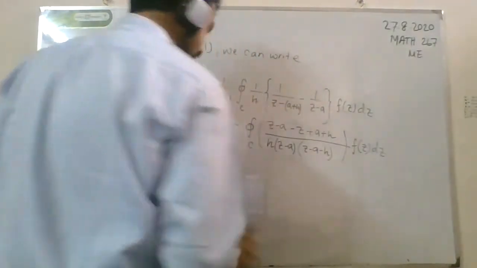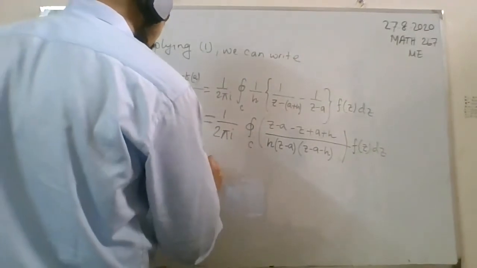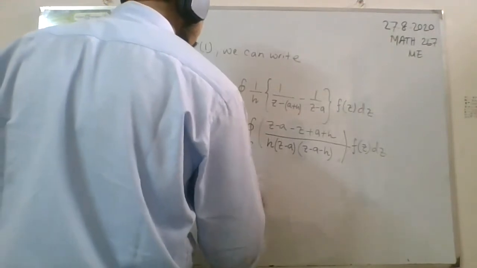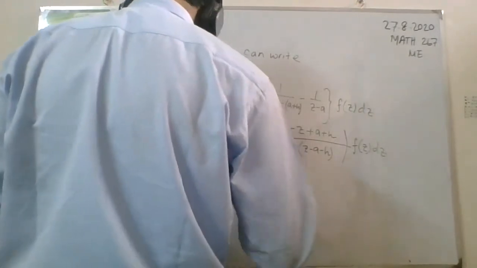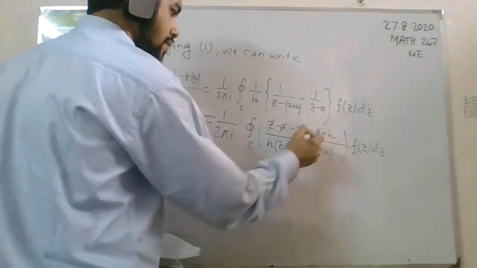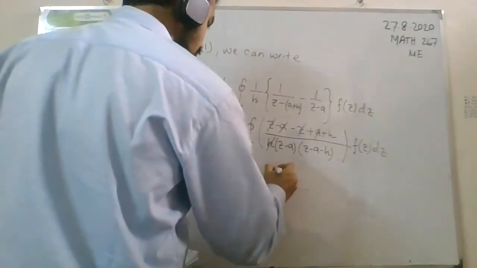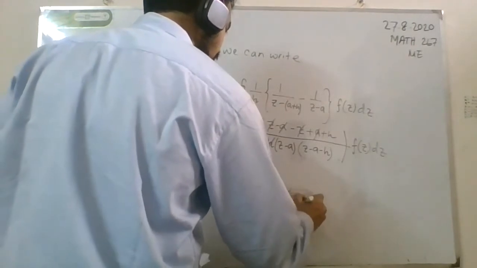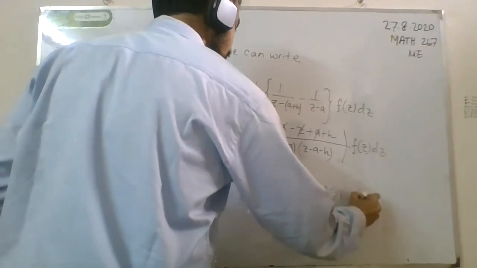After that, you can write 1 by 2 pi i. Here h is divided out, so the rest of the things are z minus a and also z minus a minus h, f(z) dz.